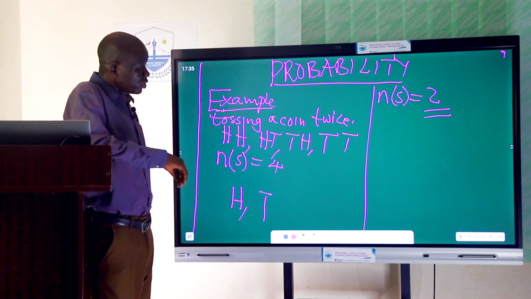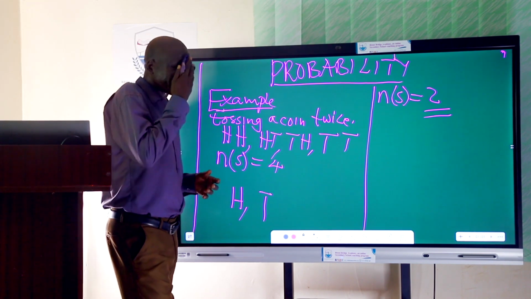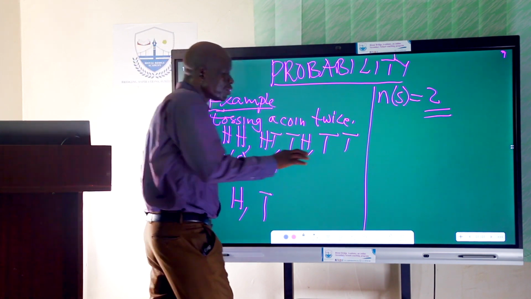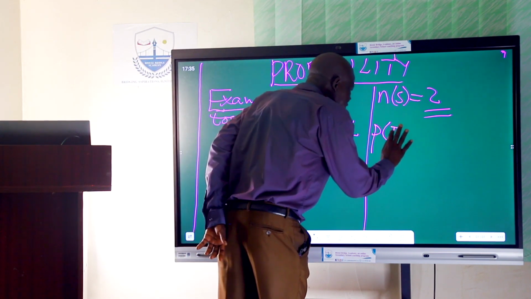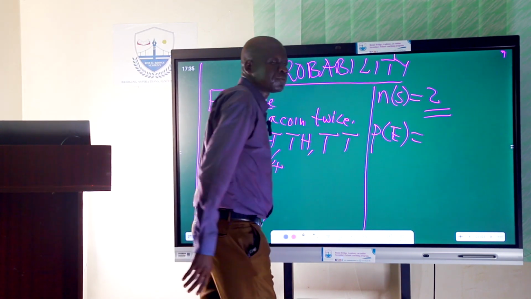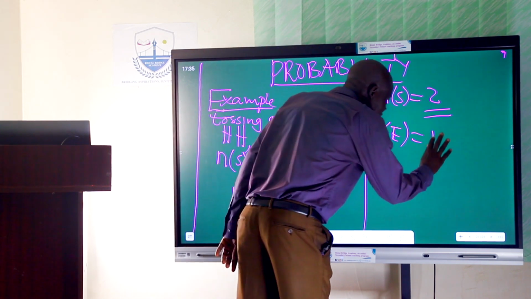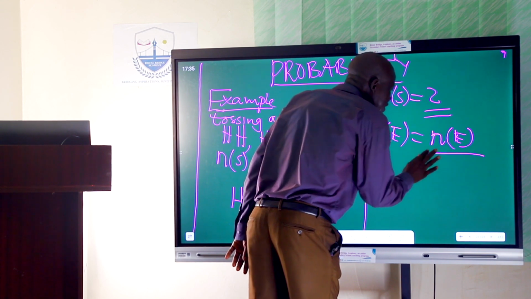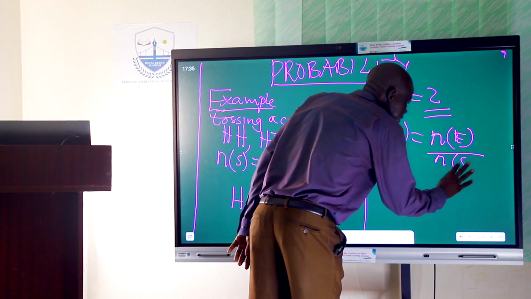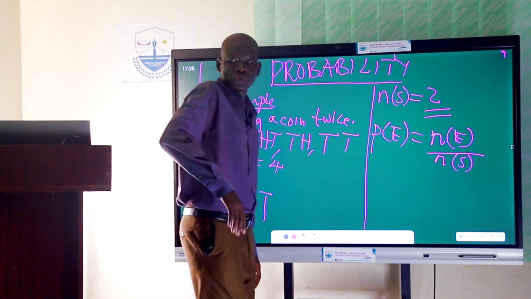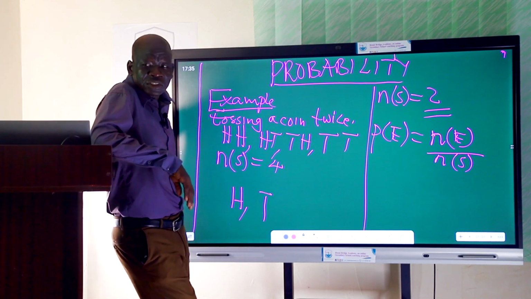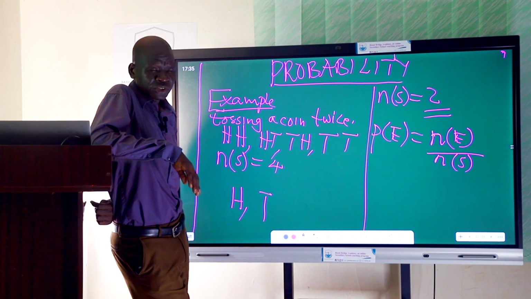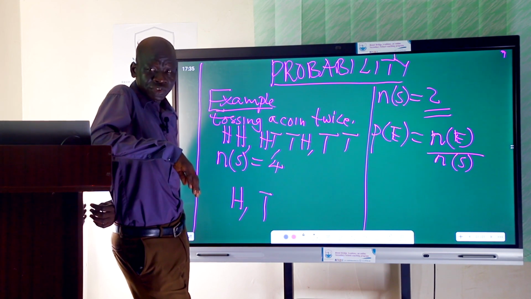So generally, the probability of an event, which we can abbreviate as P(E), is got by the formula: number of events, that is n(E), divided by the number of sample space, n(S). So the probability of an event is equal to the number of events over the number of sample space.